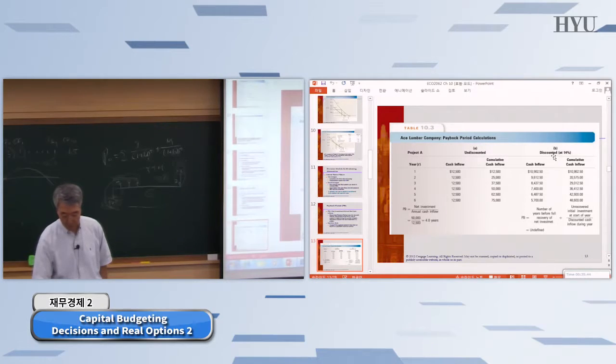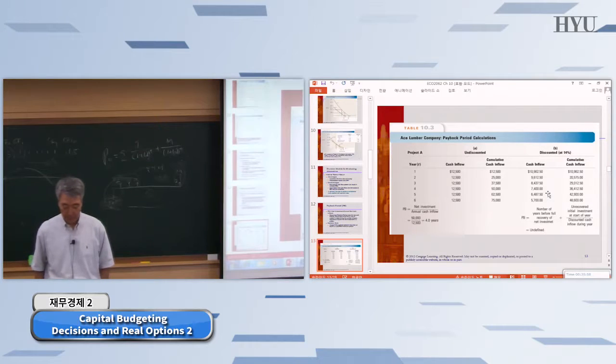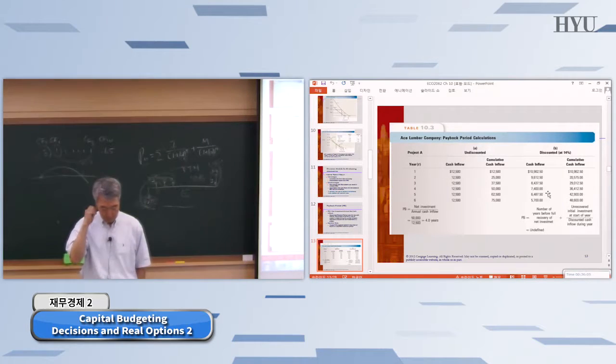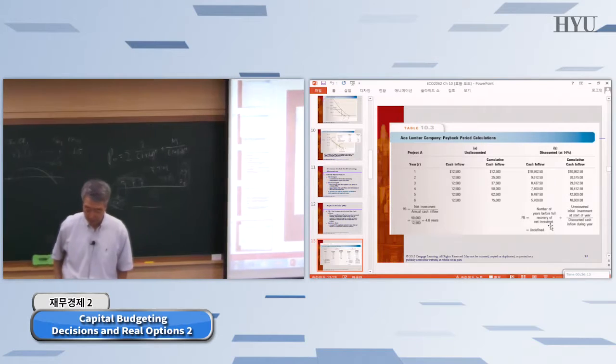If you discount these cash flows at 14%, then you got these discounted cash flows, right? And so using this, how long does it take to recover 50,000? What do you think? The answer here, payback period, is undefined. Why is it undefined?